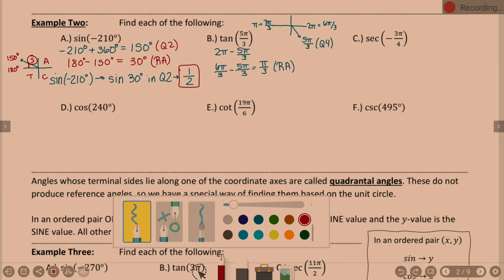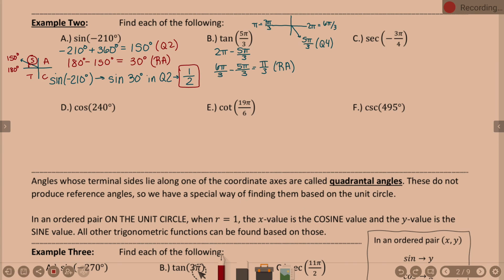What we were trying to figure out is how far from the x-axis it is. This time we didn't have to add 360 or 2 pi. This first time it was negative, and we had to add 360 to get something we could understand. This time, 5 pi over 3 was already between 0 and 360, or 0 and 2 pi. I just needed to know how far from the x-axis it was.